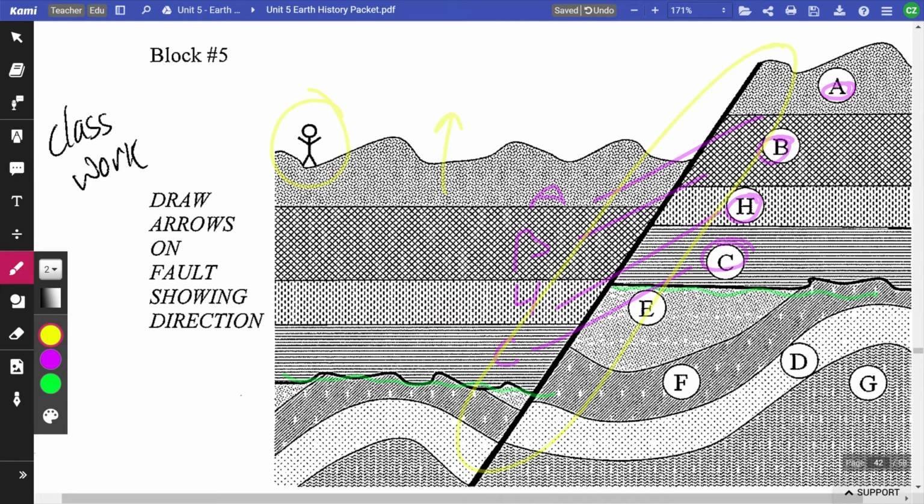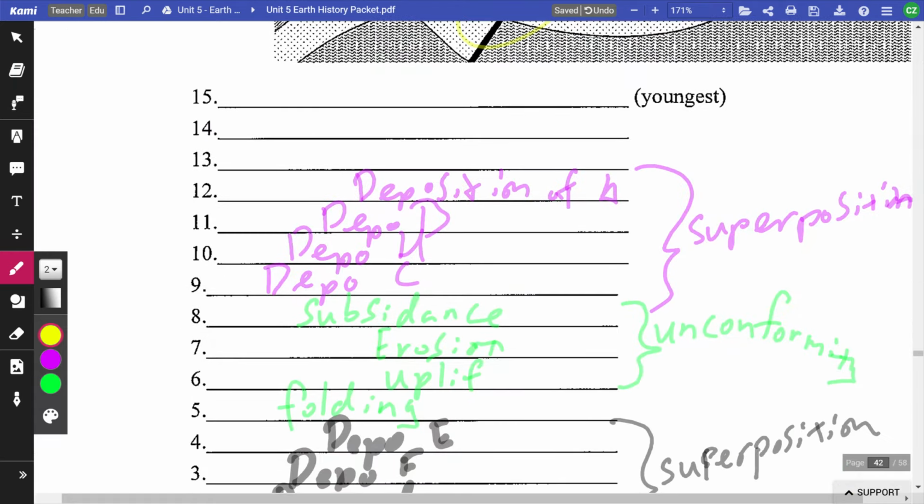Or did it happen before uplift? Or did it happen after uplift? Well, that is not for this level of earth science, but what we could say is fault, uplift, and then at the top, because it's exposed to the atmosphere, erosion.